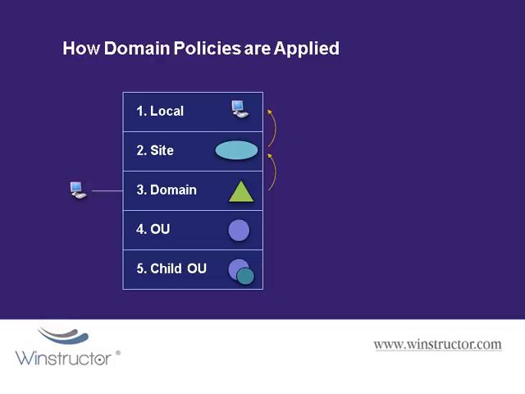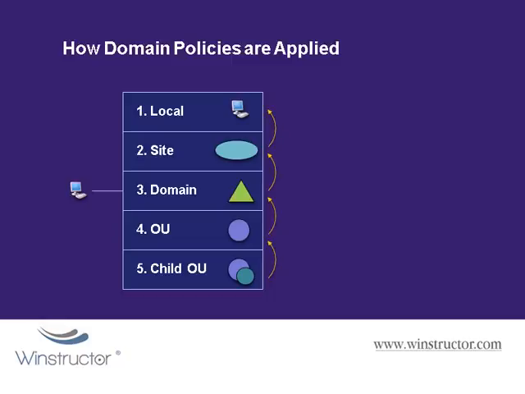Similarly, when a domain policy is applied and it has settings that conflict with site policies, the domain policy will be the winner and its settings will overwrite the site policy settings. And of course, policies at the OU level will override domain policies, and child OU policies will override the parent OU policies, and so on until there's no more child OUs.